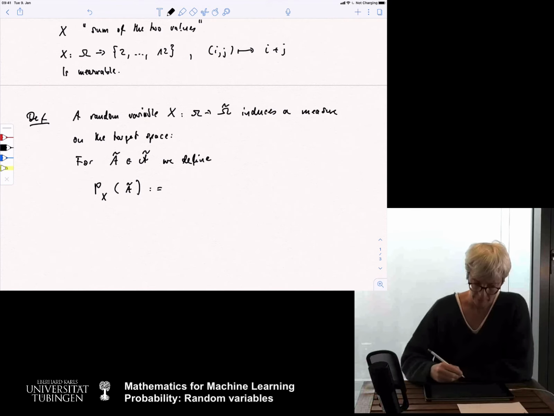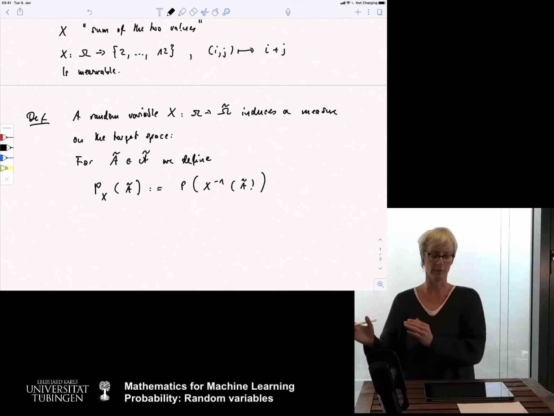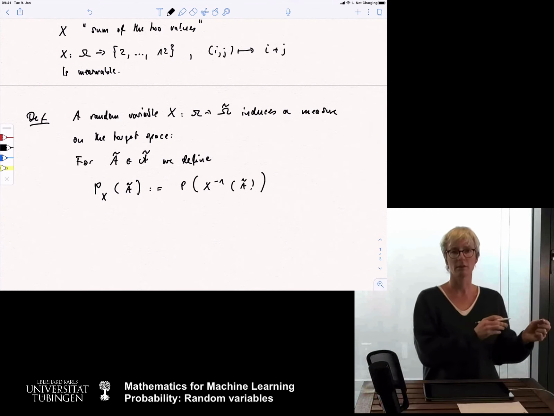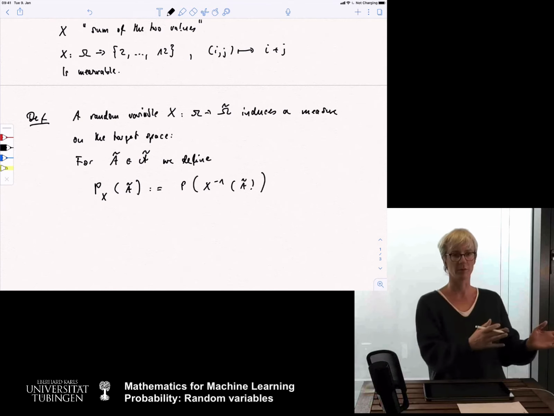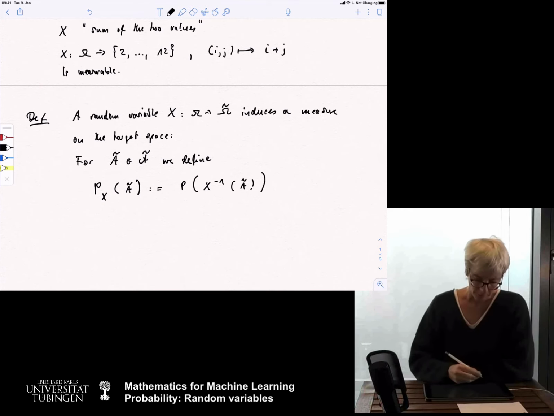And this is simply defined as the probability of the pre-image of A tilde. So we take A tilde, being at least 1.70 meters, we go back to the original space, check who are the people who are at least 1.70 meters and compute their probability. Okay, and this measure is called the distribution.